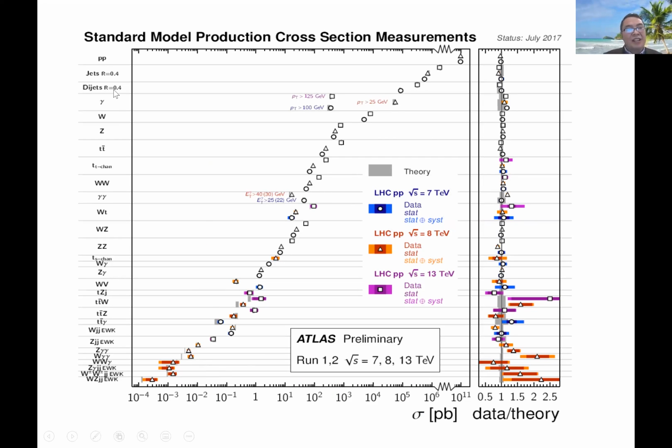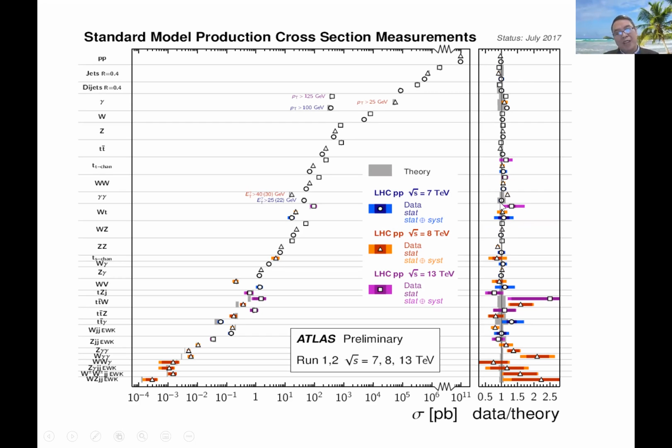And you can see that there are lots of processes, starting from jets, photon production, W and Z, then all the way to very complicated processes with several W and Zs and gammas and jets, etc. Now, what's amazing is that if you compare the predictions of standard model theory with the experimental data, the ratio shown on the right-hand side is very close to 1.